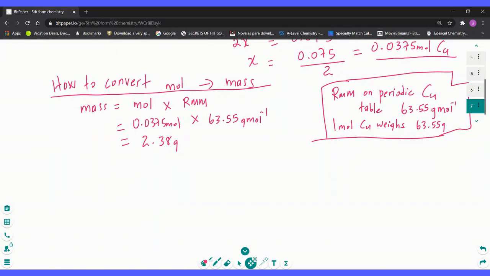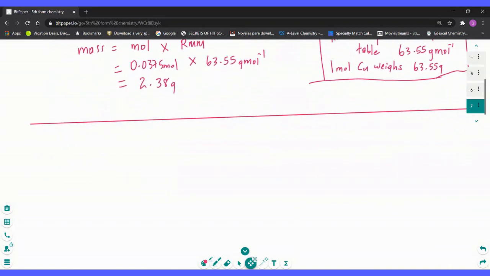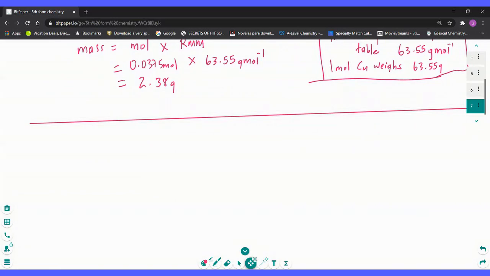All right. Now, if you understand that concept, I'm going to show you how you could have done another question using the same principles, but now we're going to make it shorter. Yes, RAM or RMM, it's the same thing.